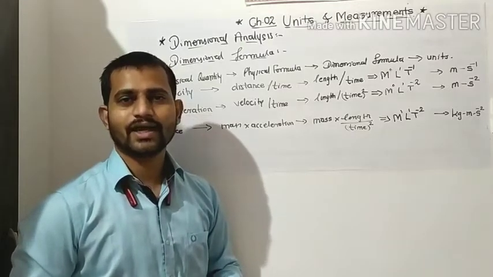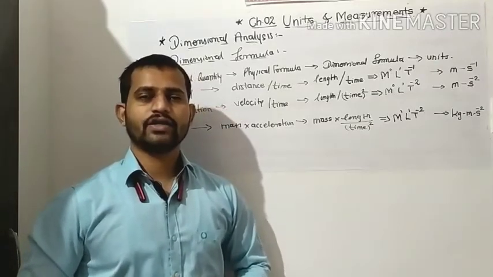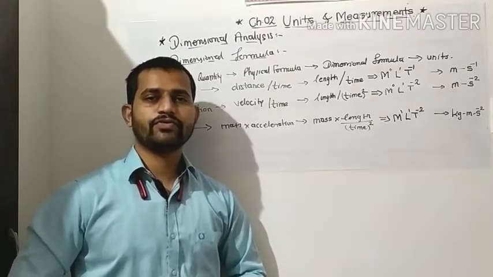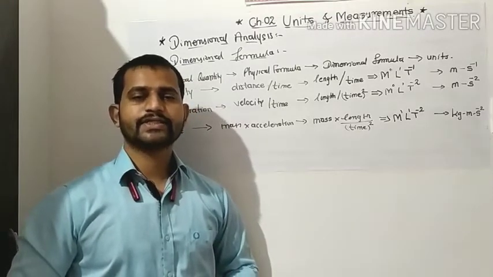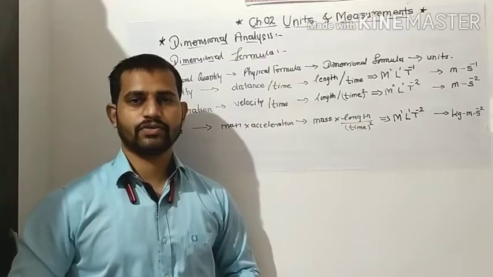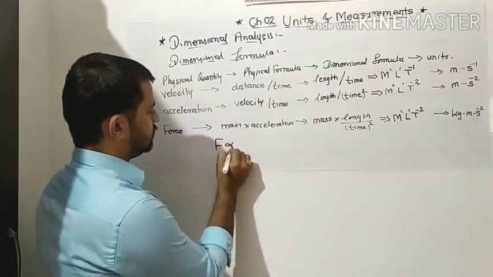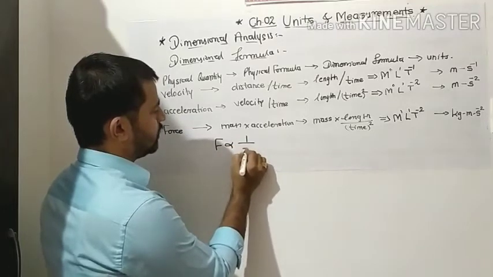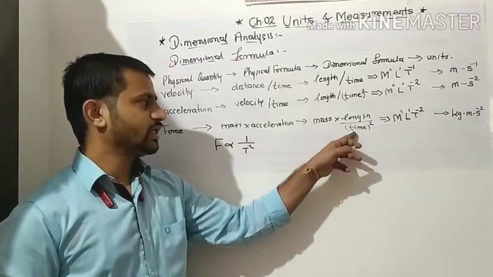Or if we require to reduce the time for any application of the force, we have to increase the force, but by how much? Here you can see that the force is inversely proportional to t square.